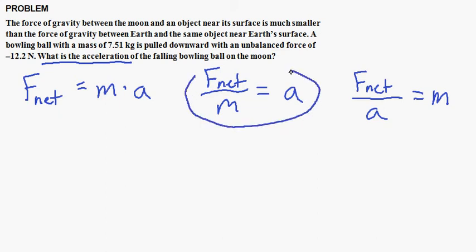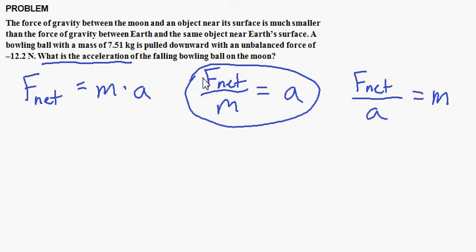This one is helpful for us because once we plug in the net force and mass, we have a direct route to getting the acceleration. Whatever number we end up with is going to be equal to the acceleration, which is good for us in this question. Now that we know that, we can start to plug in the information that we have to solve for acceleration.